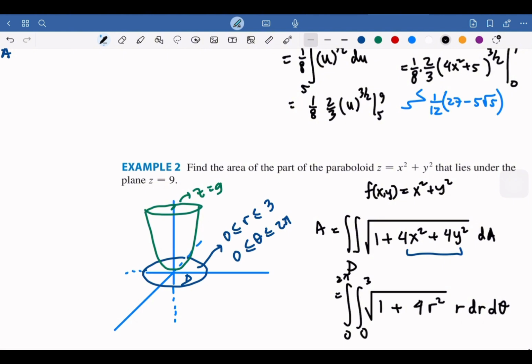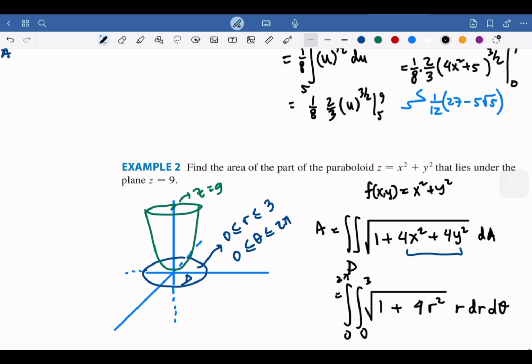For the r part, we can compute using substitution. Because we have r and r squared, we can let this become u, and this becomes 8r. So we can cancel out with r, so we expect the same 1 over 8 as in that equation. So this will have the same structure as the previous one.